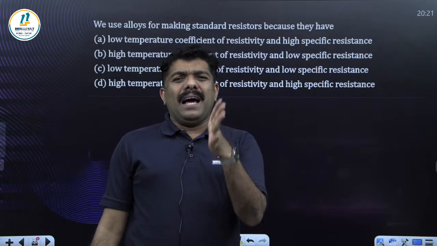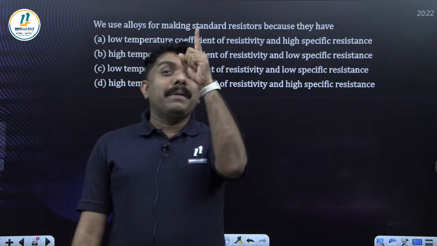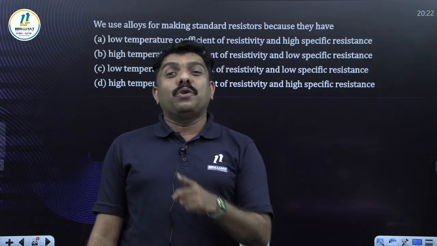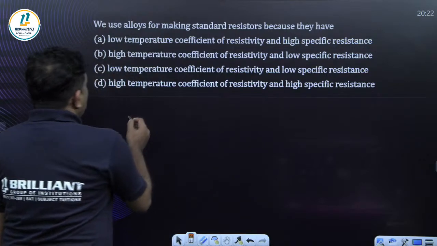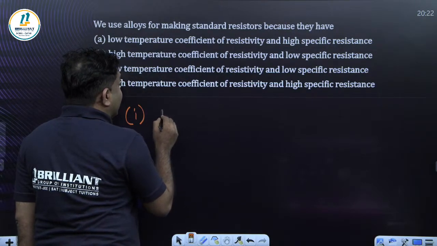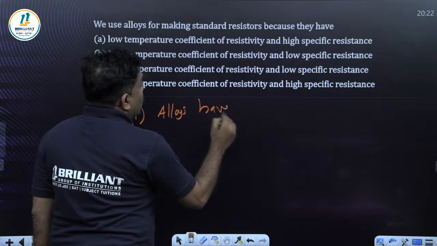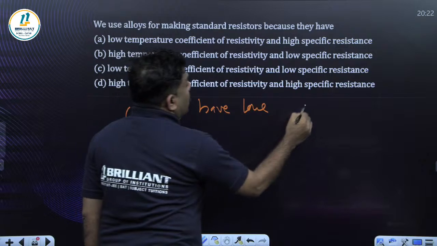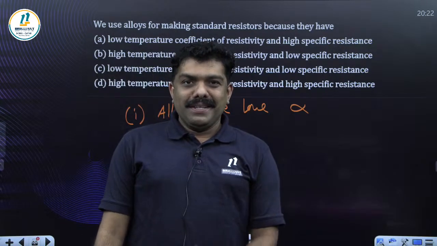Why are alloys preferred to make standard resistance, meter bridge wire or potentiometer wire? First, alloys have a low temperature coefficient of resistance, low alpha value, that we know.